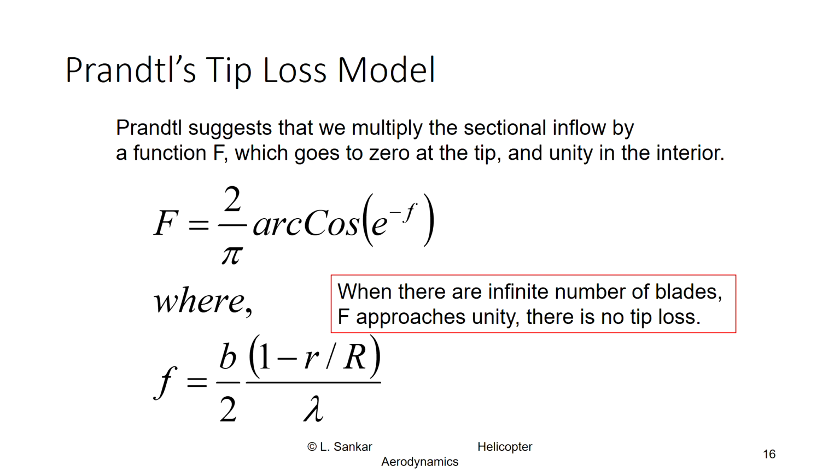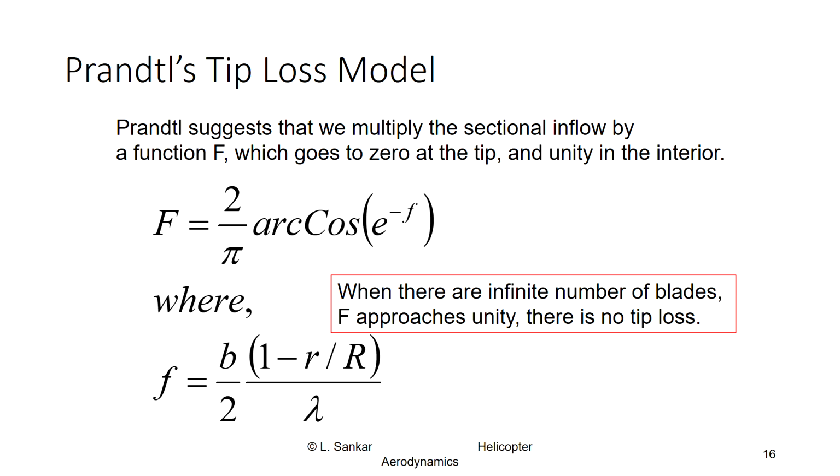At the blade tip, lowercase r equals capital R, therefore 1 minus r over capital R will be 0, lowercase f would be 0, e to the power 0 would be 1, arc cosine of 1 is 0, therefore capital F is 0. How about near the root and elsewhere? F will steadily increase from 0 to close to 1 in the inboard region. So F changes smoothly.